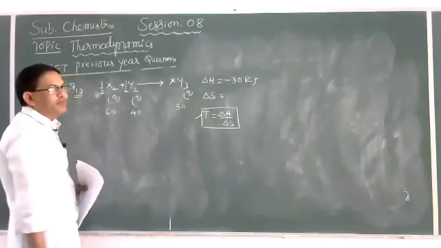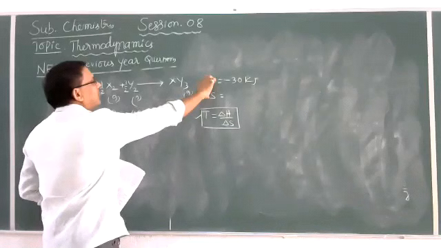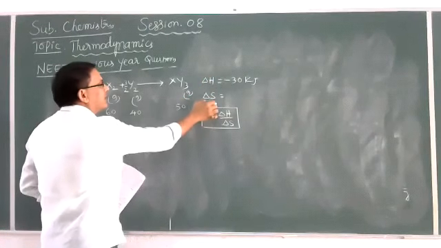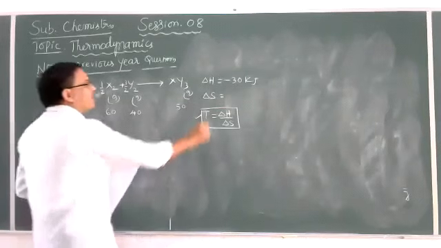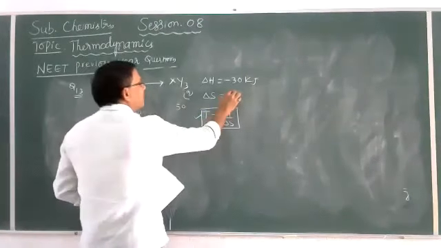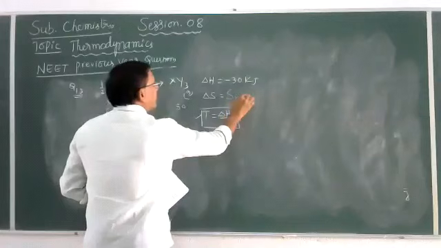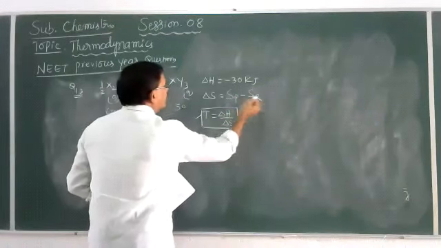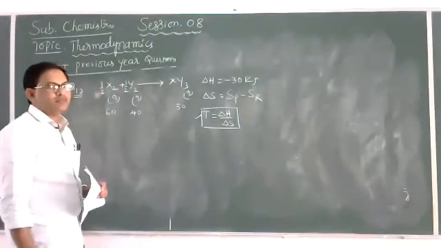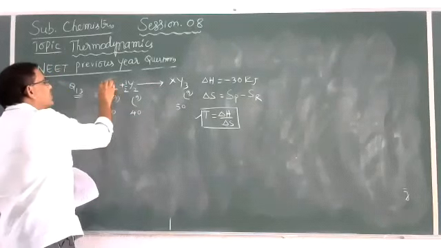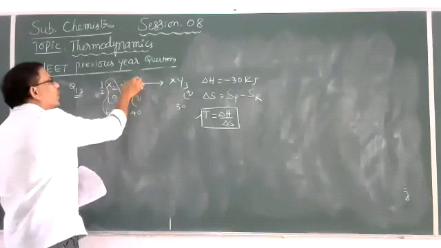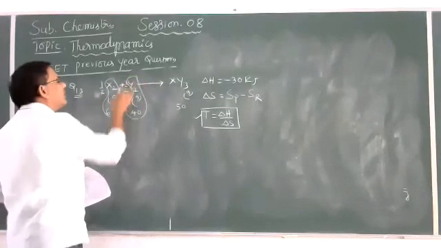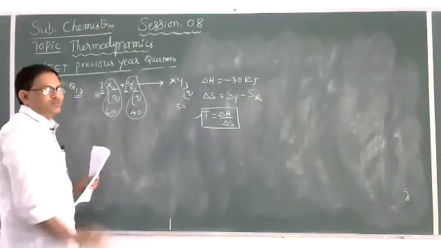In the previous problem, the two values were given directly and T was calculated, but here delta S is given indirectly. For delta S, we know the formula: entropy of products minus entropy of reactants. But here the value given is only for X2, not 1 by 2 X2, and for Y2, not 3 by 2 Y2.